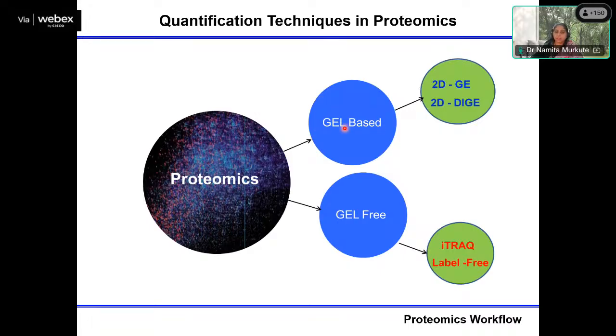That is used here too, but it is a two-dimensional gel-based technique, and a dye is used with which we label the proteome and do the 2D gel electrophoresis. And the other is gel-free. The proteins are in solution and we label them in solution, and we identify them in mass spec in solution form only.